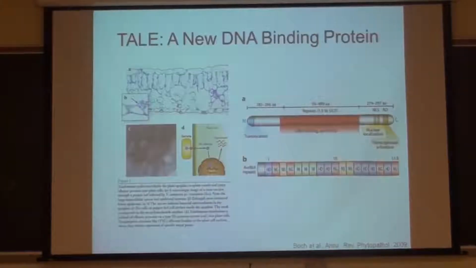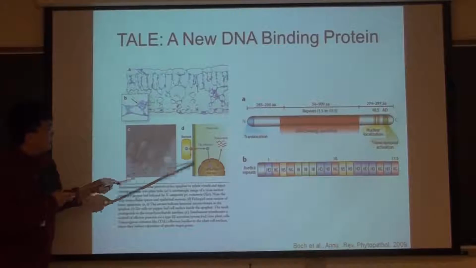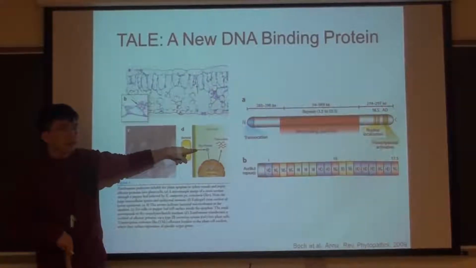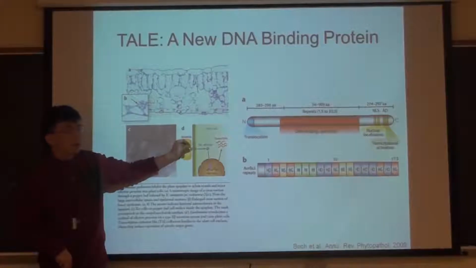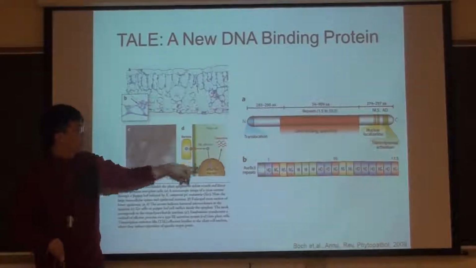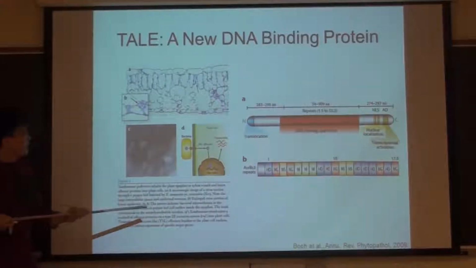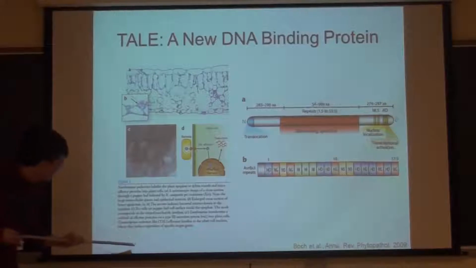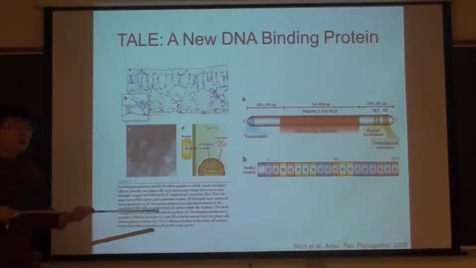So what they do is this bacteria will insert a needle into the plant cell and then secrete small proteins into the plant cell. And these proteins are called TAL effectors. TAL stands for transcription activator-like effectors.